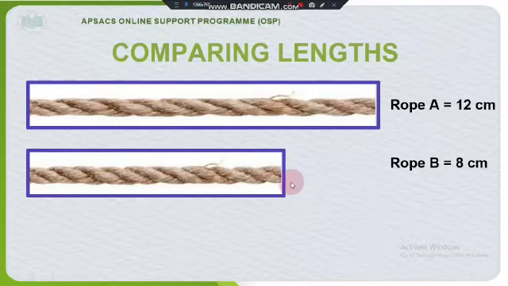You see that rope B is this much shorter than rope A, or we can say that rope A is this much longer than rope B. But how to find out how much longer or how much shorter? Here we have the answer. 12 minus 8 is equal to 4 centimeter.